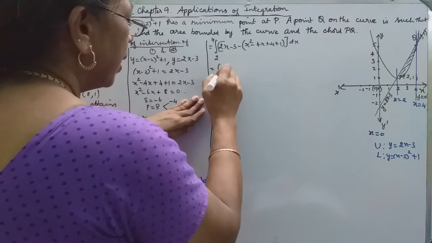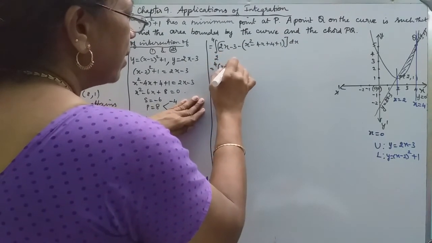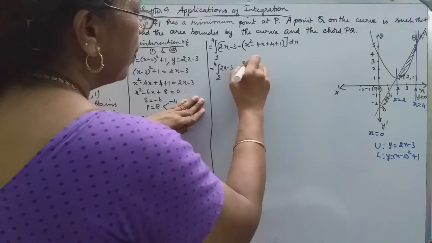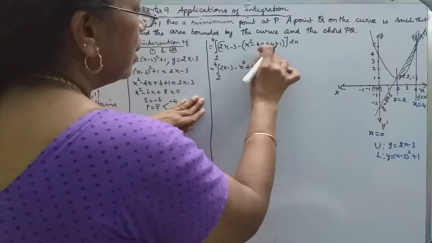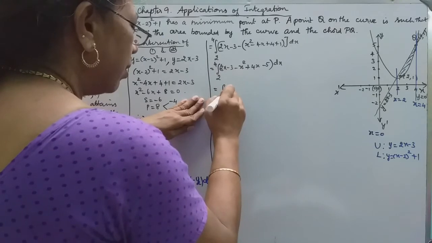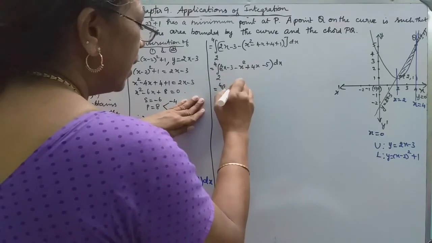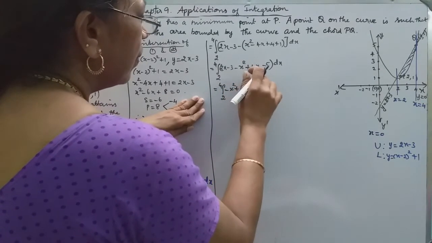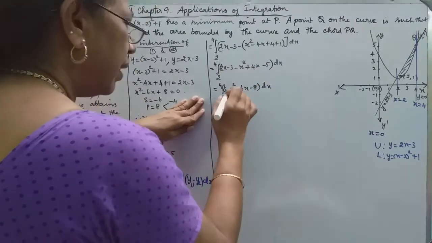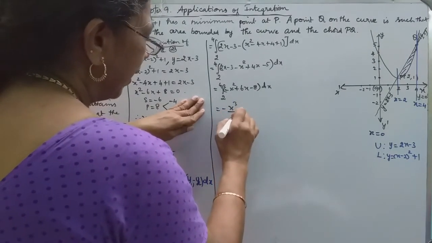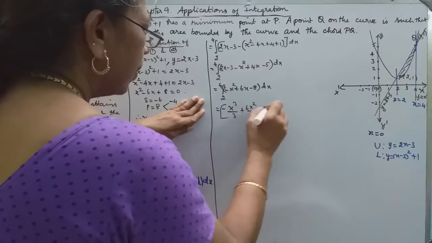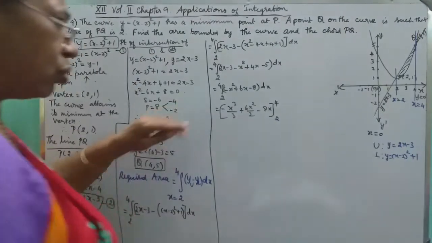That is equal to integral 2 to 4 of 2x minus 3 minus, you can multiply inside, so minus x square plus 4x minus 5, dx. So that is equal to integral 2 to 4 of minus x square plus 6x, these two if you combine, minus 8 dx. Now integrate this: minus x cube by 3 plus 6x square by 2 minus 8x. So the limits are from 2 to 4.